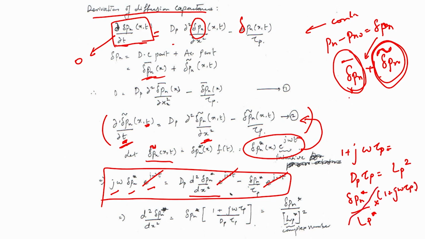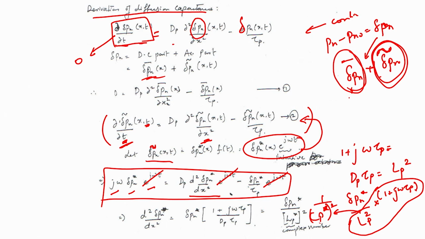Now we will take these two terms, the complex number divided by Lp square, and we will say that this entire thing is equivalent to 1 by Lp star square, where Lp star is some kind of a complex diffusion length. So just a mathematical construct here. It is a complex diffusion length. It is Lp square divided by 1 plus j omega tau p.